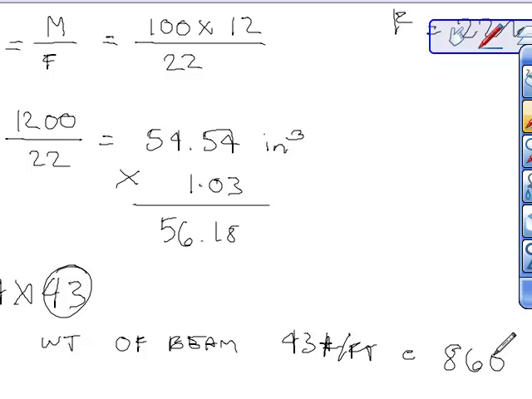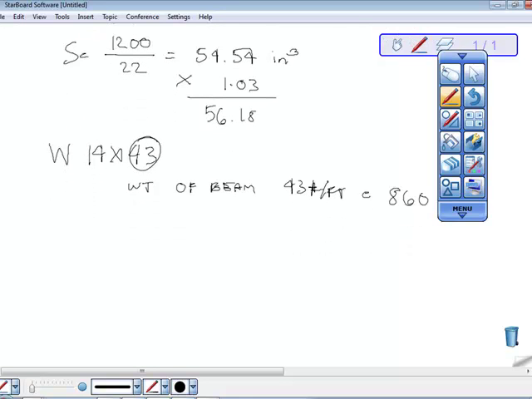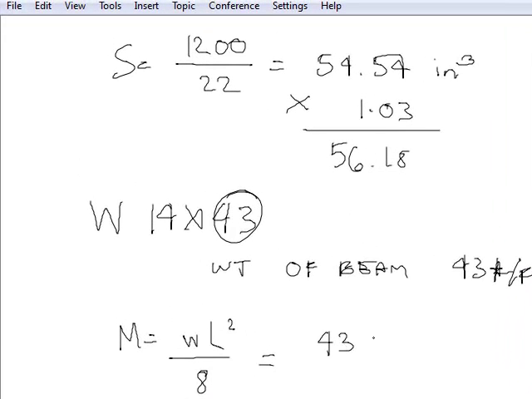So for the moment of the beam, from our formulas that we already know that are listed in the book, M equals WL squared over 8, which equals the W, which is the 43 pounds, L is the 20 feet, right, squared over 8. Somebody figure that out.